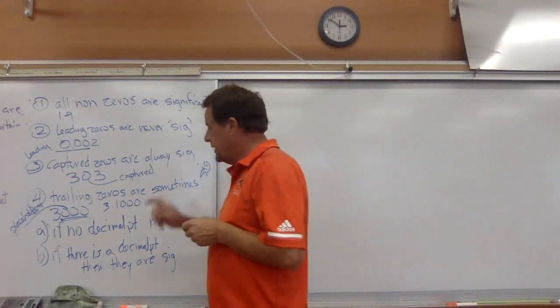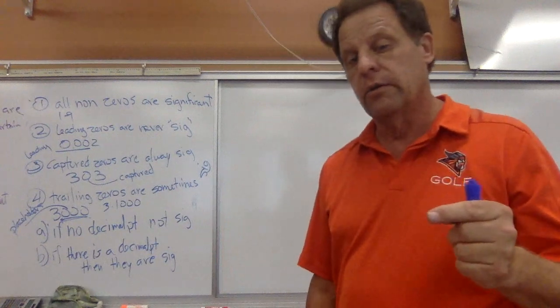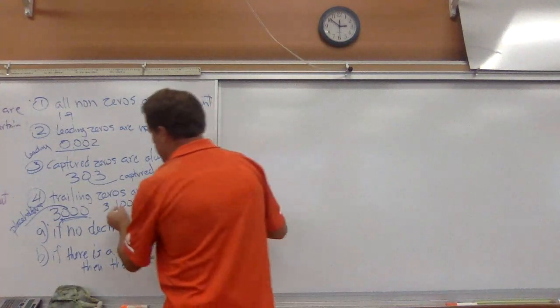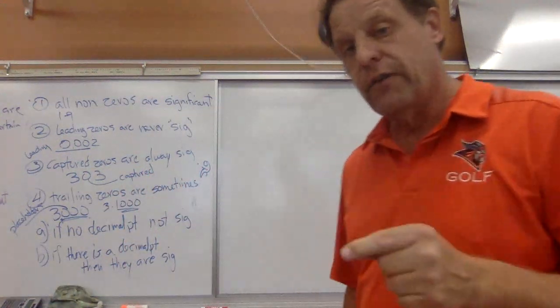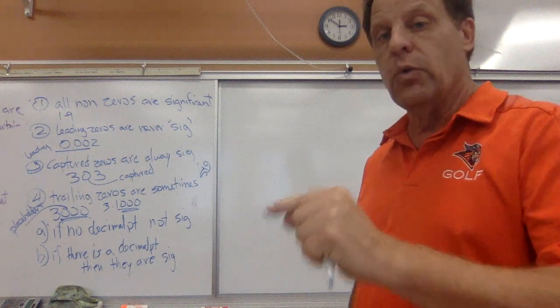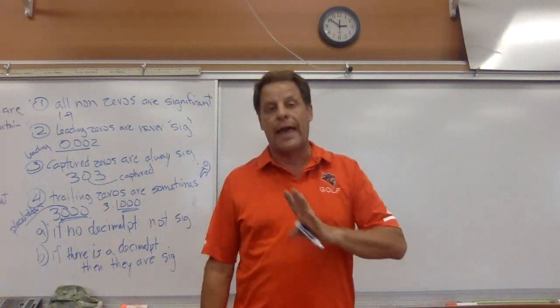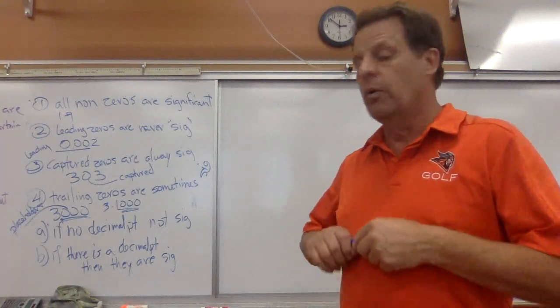So if you have a decimal point in the measurement, now it only counts for trailing, but then they're going to be significant. So those 3 zeros in that measurement are significant because they're trailing with a decimal point. These 3 zeros have no decimal point, so they're not significant.